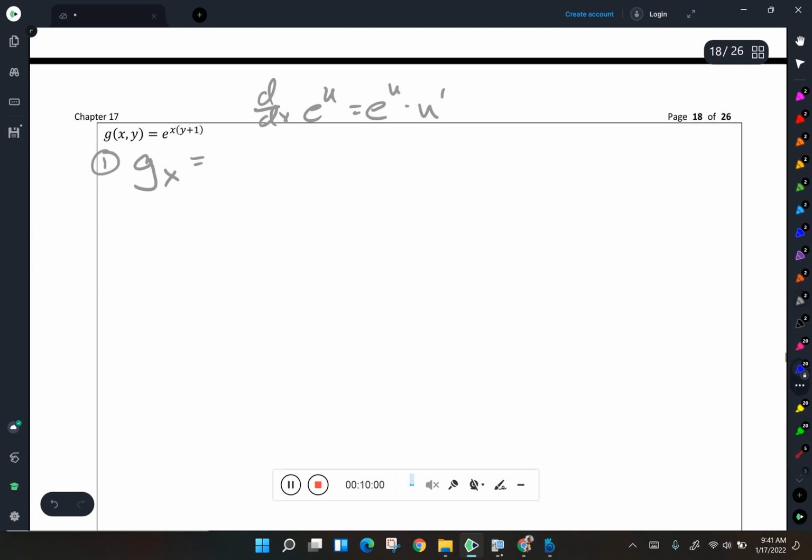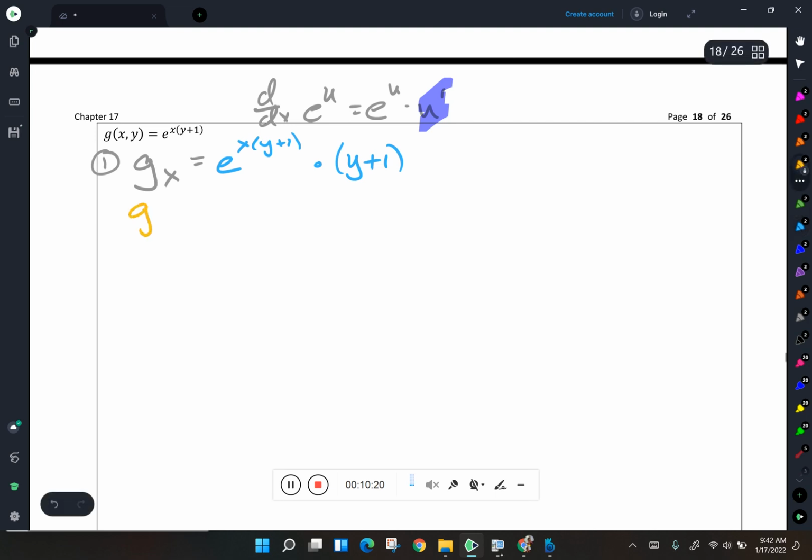But when we find this u prime, we're going to have to use partial derivative rules. Right? So it's going to be e to the x times y plus 1 times derivative of that exponent with respect to x. So that derivative of that exponent with respect to x is just going to be the y plus 1. So there's my g sub x.